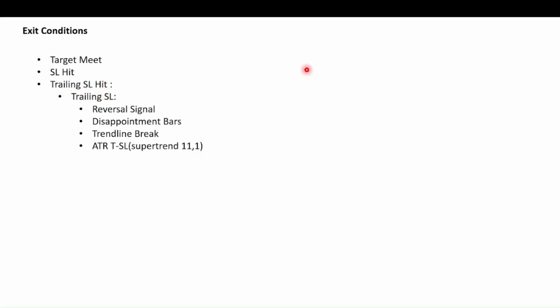The trade might have hit your target 1, which is 50% of something, and then reversed, and now it is going toward your predefined SL. You don't want to just sit and watch that, so you can maintain your trailing SL, exit, and keep your 50% profit. Same goes for 100%.